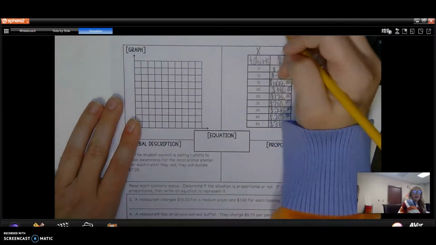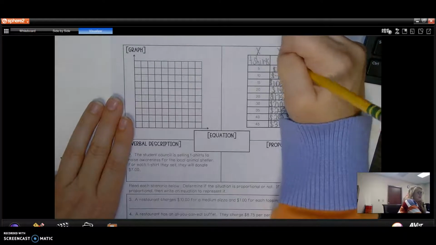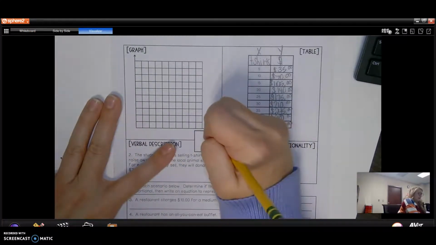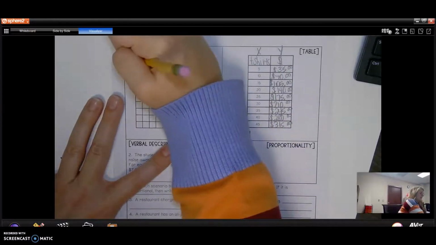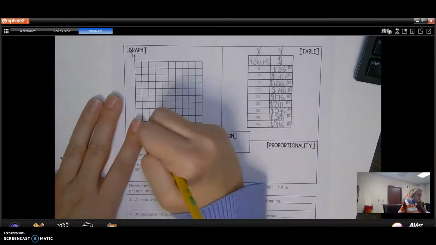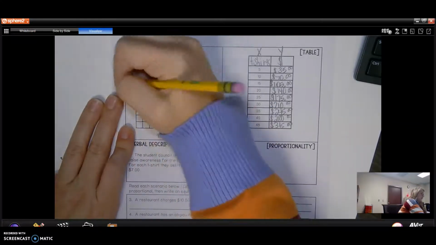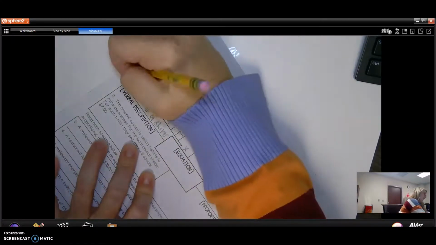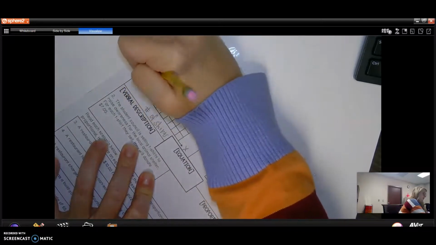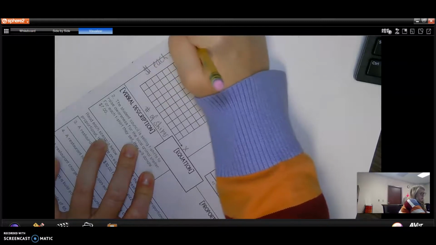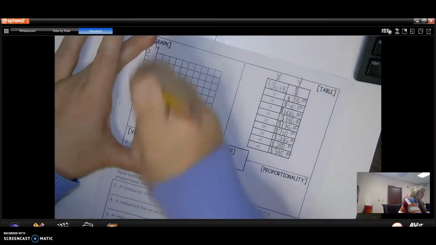Now that we have our table, we can use that information over here in our graph. So our t-shirts are going to be our X, and our money is going to be our Y. You can go ahead and label that. This is going to be our X. This is going to be our Y. This is our number of shirts. And this is going to be the total that each shirt cost.